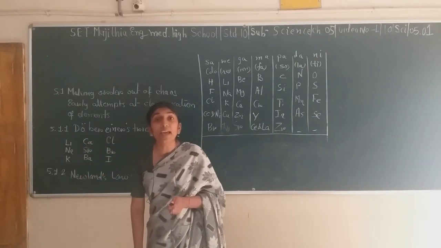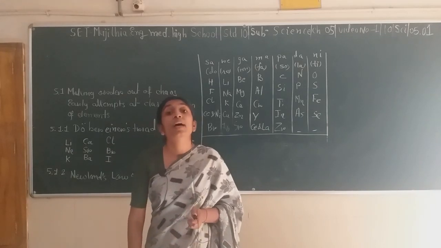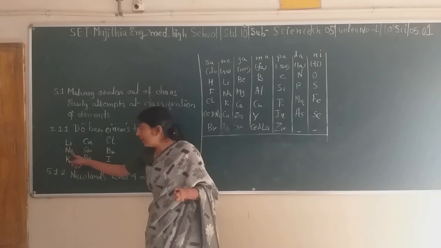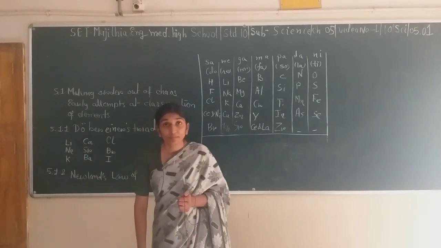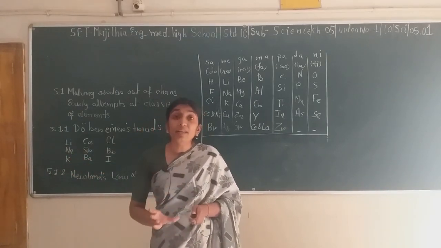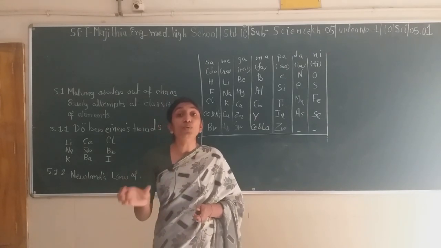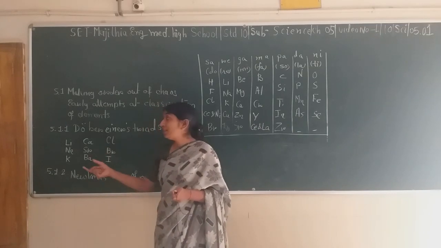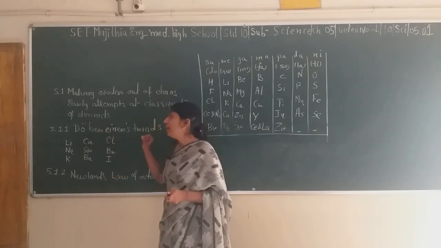If we take the average of these 2, then we roughly get the atomic mass of the middle element. The elements which were able to make such a kind of group were called Doberaner's triad.